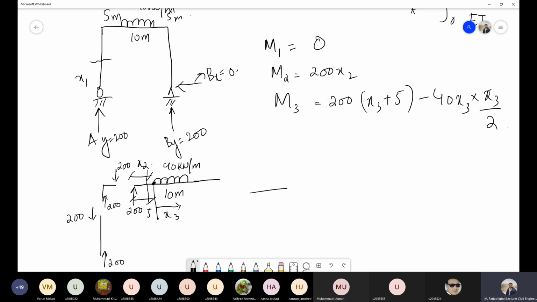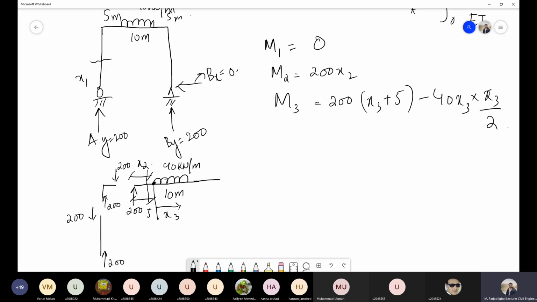For example, it will be something like 40. This distance is x3. So if I convert it into point load, it will be 40 x3, acting at the center, x3 by 2. But I am calculating the moment at this particular point, so that will be 40 x3 into x3 by 2.